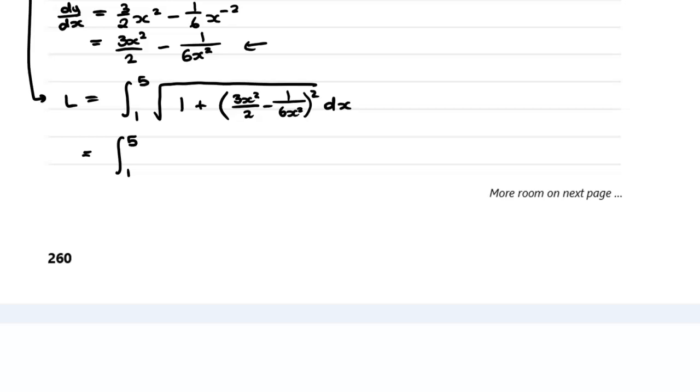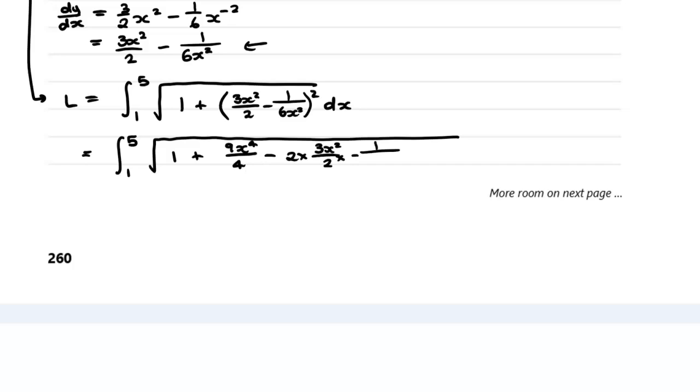So if we expand out that central term, we would have, let's pop in a big square root, 1 plus, squaring that first term, we're going to have 9x to the power of 4 over 4 minus 2 lots of 3x squared over 2 times negative 1 over 6x squared plus, let's square that, 1 over 36x to the power of 4, and then we're going to have dx.